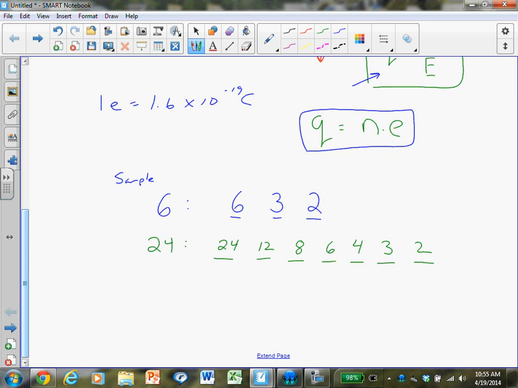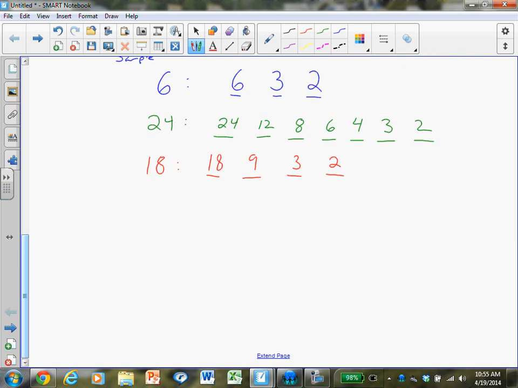We do it again and we see we get the number 18. You know, that can be divided by 18, 9, 3, oh, and 2. And then let's say we do it again and we get value of 9. Well, that could be divided by 9 and then 3.